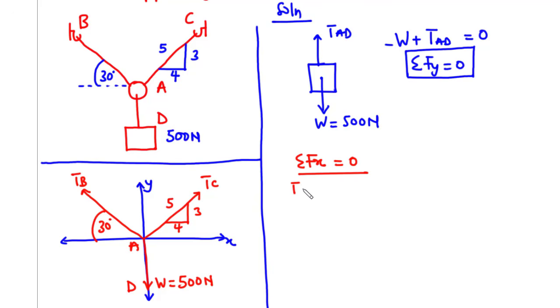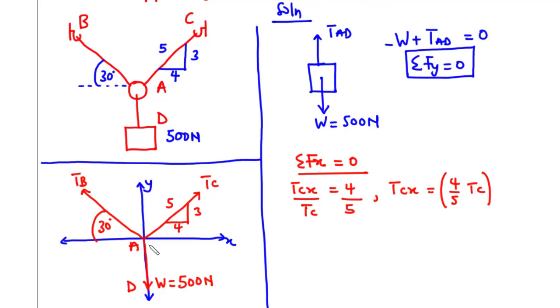Therefore, TCX is equal to 4, the adjacent, divided by the hypotenuse, that is TC, which corresponds to 5. Therefore, TCX is equal to 4 over 5 times TC. So this is the value of TCX.